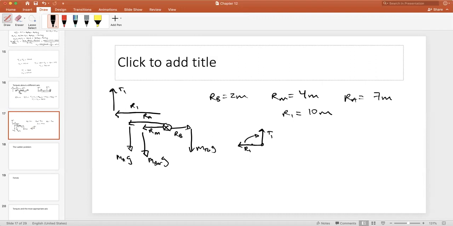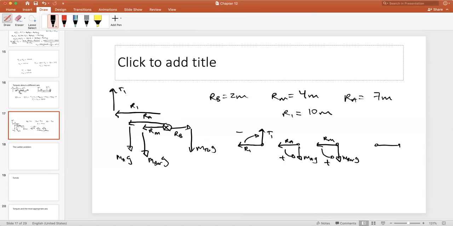So this is a clockwise rotation, which means it's negative. RA, MAG. This is a counterclockwise, positive. RM, M bar G. Whoops. Tail to tail. M bar G. Also counterclockwise, also positive.